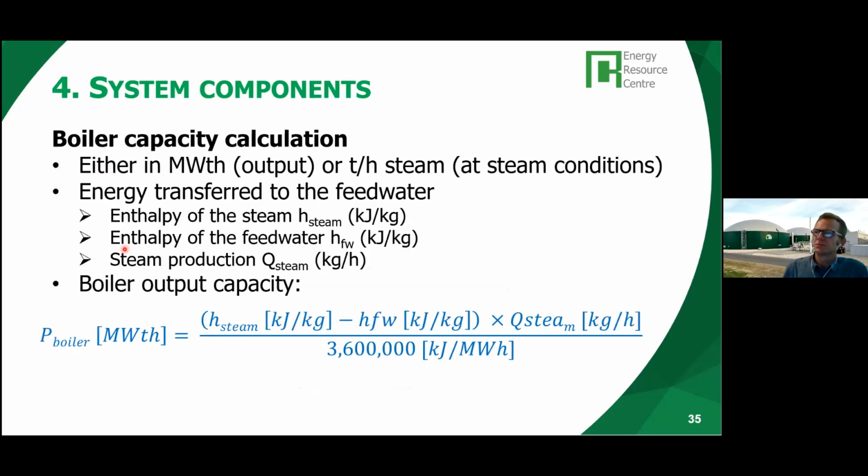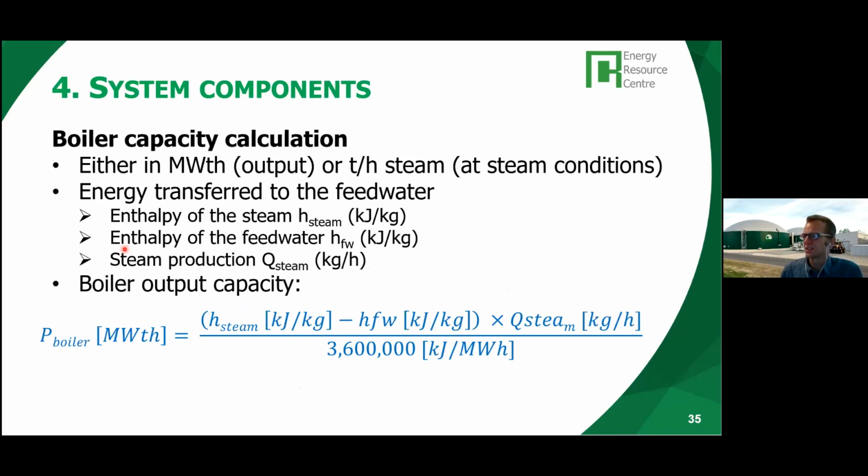So let's have a look at some system components that you can find in different types of bioenergy systems. First of all, steam boilers. The capacity is usually expressed in megawatts, in some cases for smaller boilers, you can also have kilowatts.